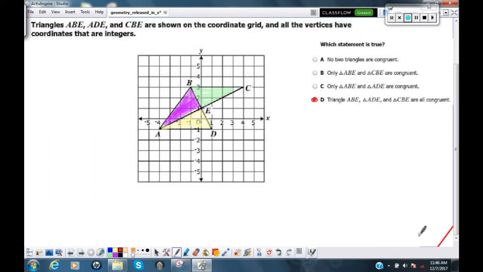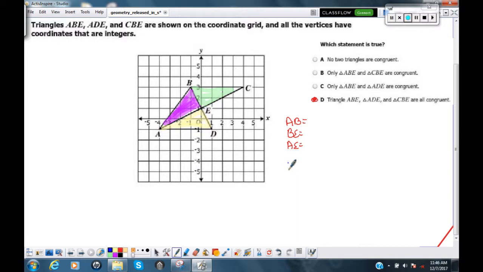Now we have to find a way to do it without using that tool, and that's going to be the math. So when we look at triangle A, B, and E, I'm going to lay out AB equals, then BE equals, and then AE equals. Then I'm going to go to the next one, which is ADE. And I'm going to do the same thing.